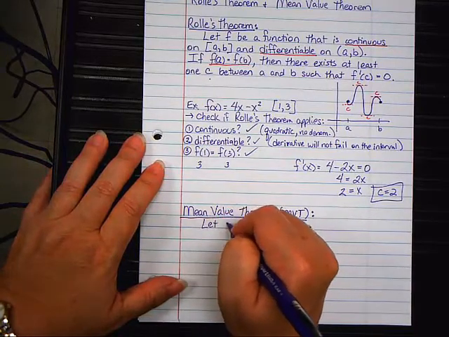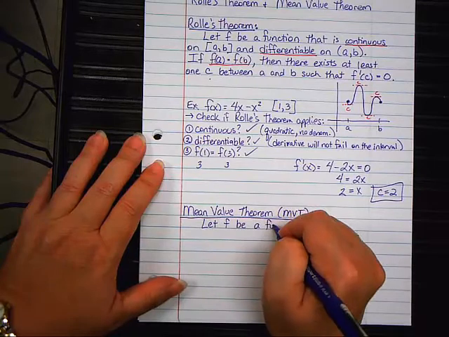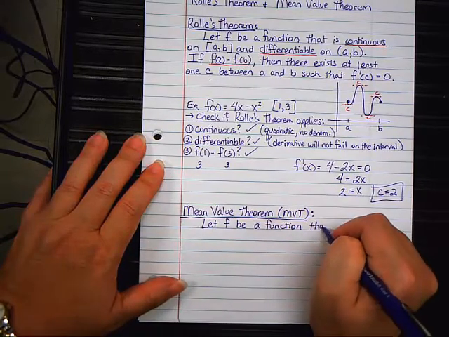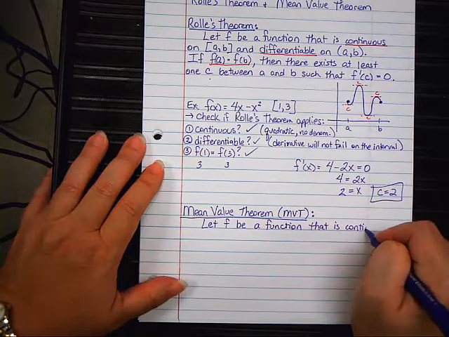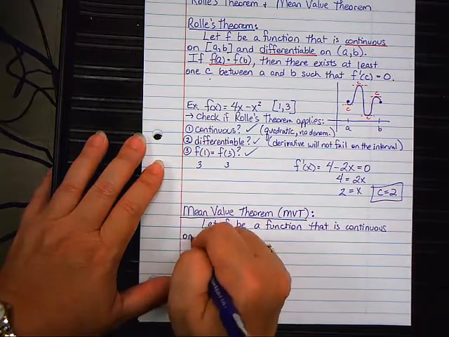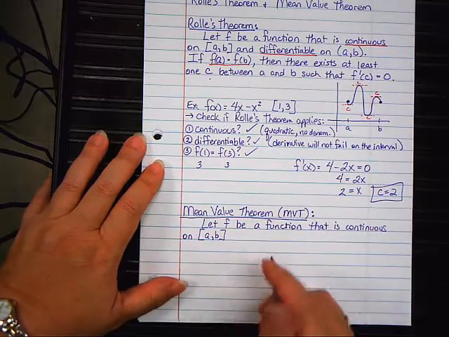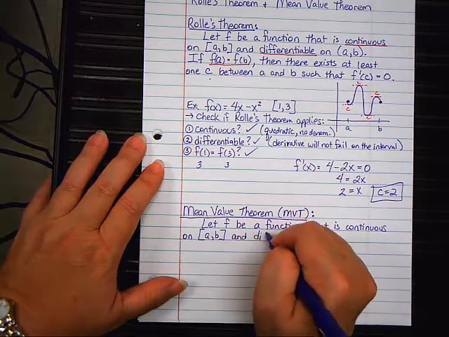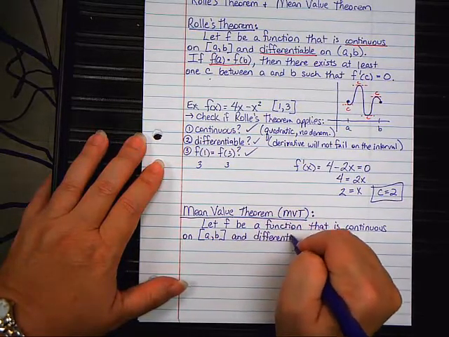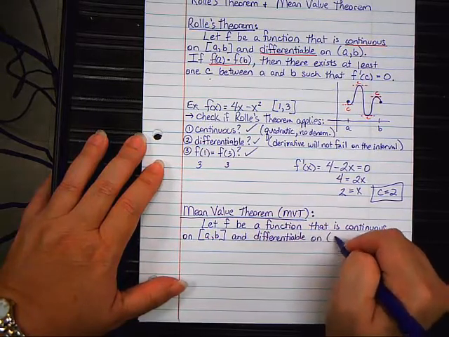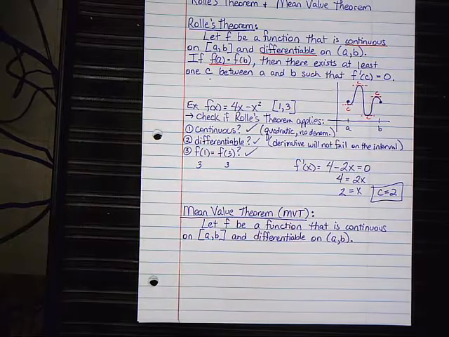Let f be a function that is continuous on the closed interval from A to B and differentiable on the open interval from A to B, period. Give me a minute to catch up.